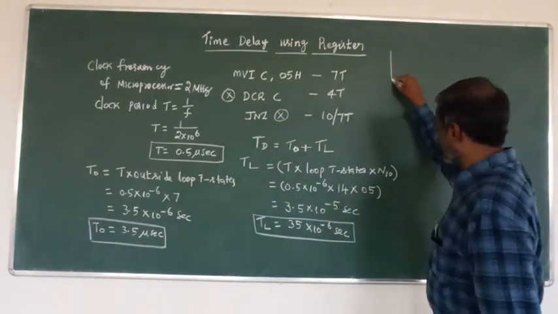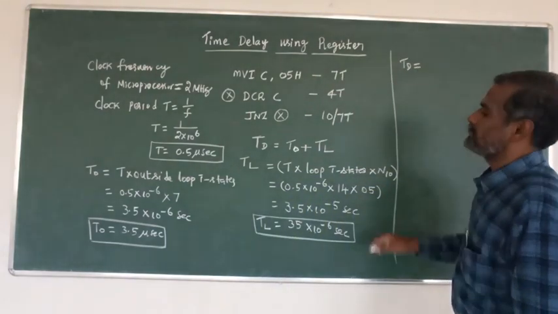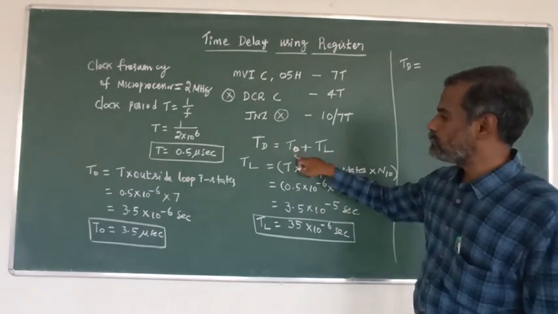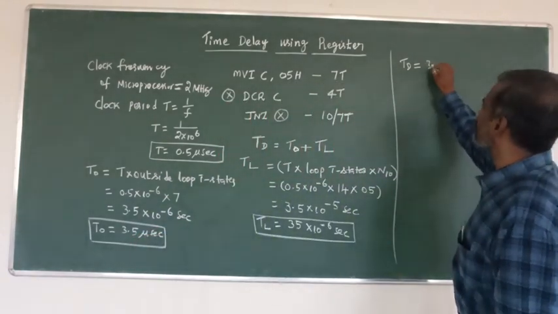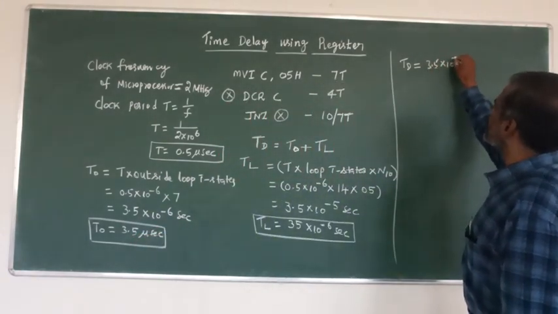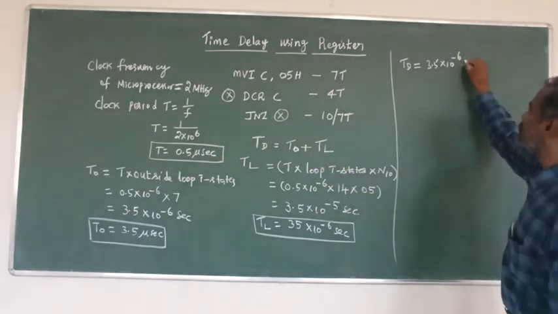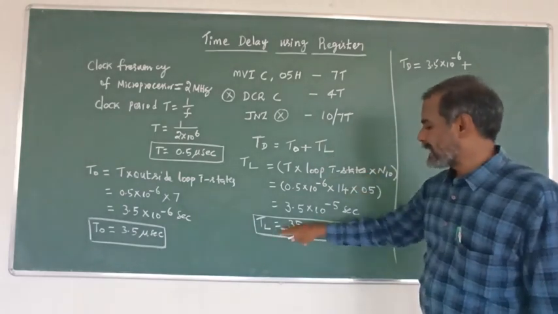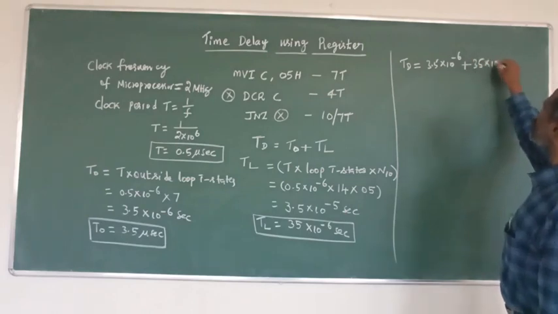Substitute in TD. Now TD, total time delay, equals outside loop T states time delay, 3.5 microseconds, 3.5 into 10 to the power of minus 6, plus TL, loop time delay, 35 microseconds.